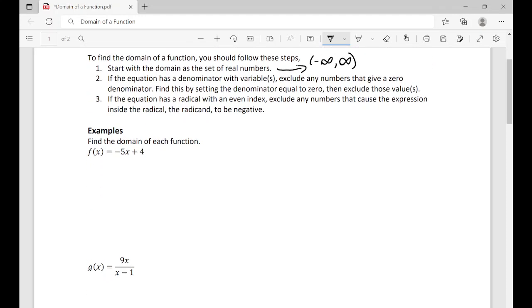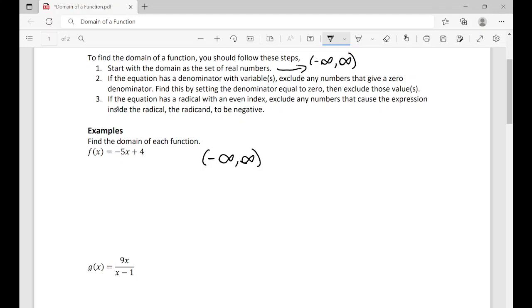So let's start with the first function, f of x equals negative 5x plus 4. So we're going to start with our domain as negative infinity to positive infinity. And now we're going to look. If the equation has a denominator with variables, this equation has no denominator with variables, so we don't have to worry about 2. We can just cross that out.